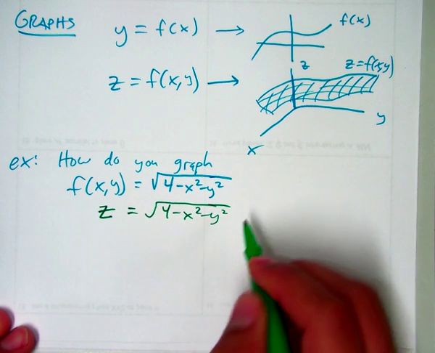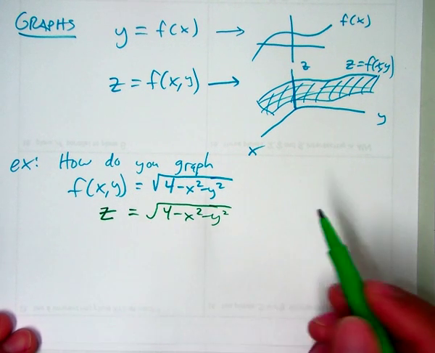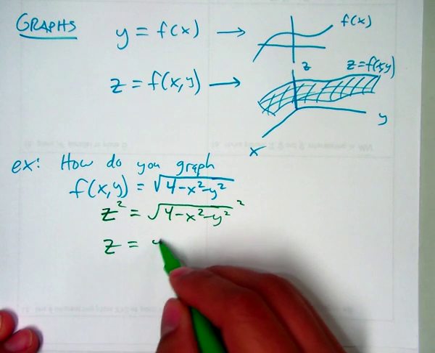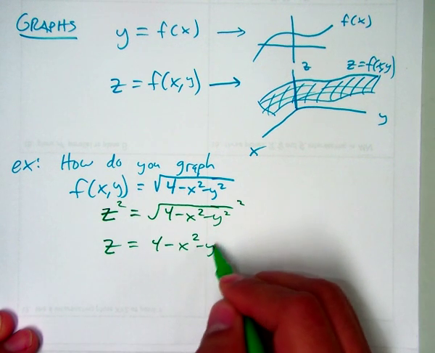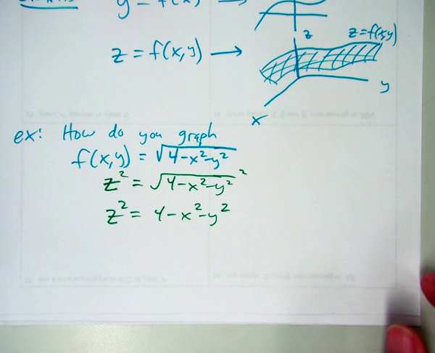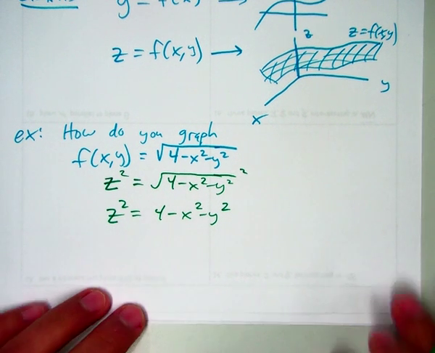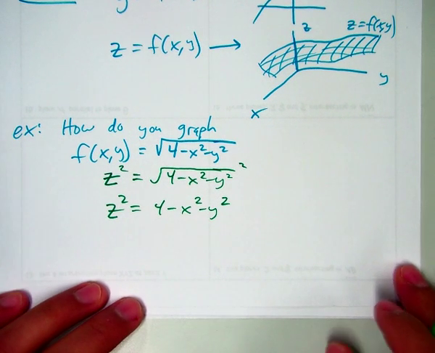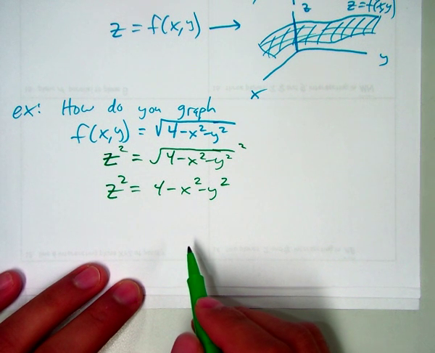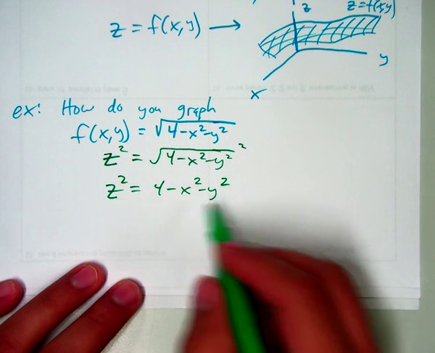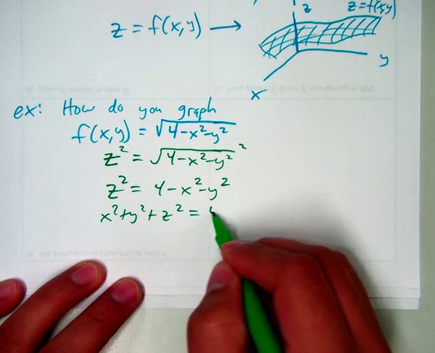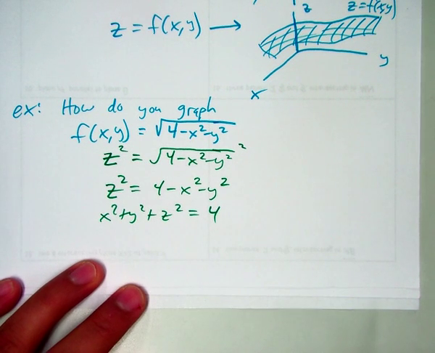This is not one of the usual formats, so why don't we square both sides just to see what happens. Isn't that z squared? Yes, it is. Okay. So this is essentially, if you move stuff around, a sphere, center at the origin, radius 2.